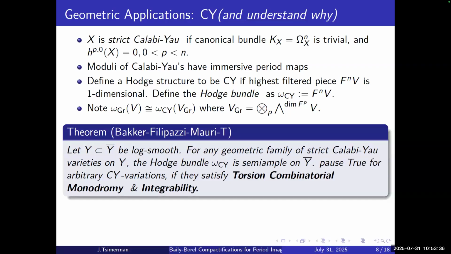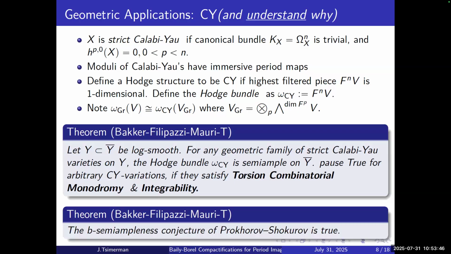There are two important conditions that they have to satisfy, which we're going to call torsion combinatorial monodromy and integrability, which I'll say something about in a minute. And a theorem we'll prove, based on this work and a bunch of other work, is that in the minimal model program, the B-semi-ampleness conjecture is true, which I'm going to say very little about out of ignorance, but it's semi-ampleness of some moduli part divisor that shows up naturally in the minimal model program.